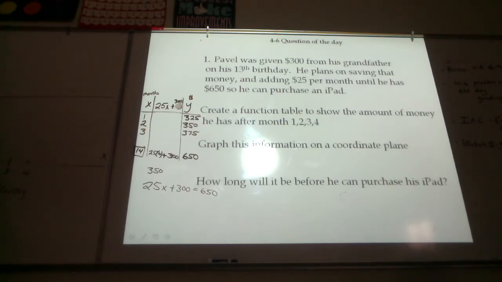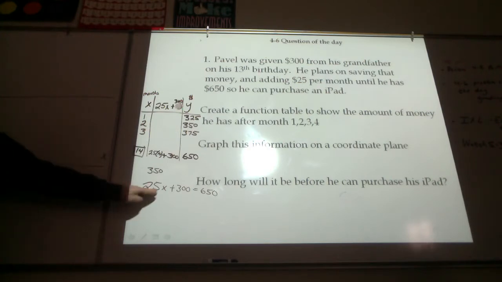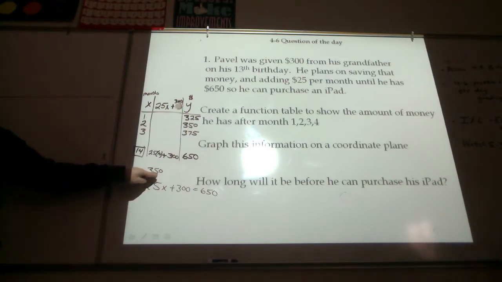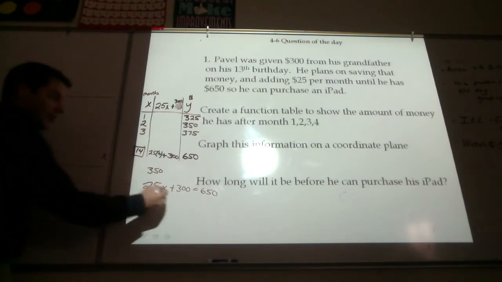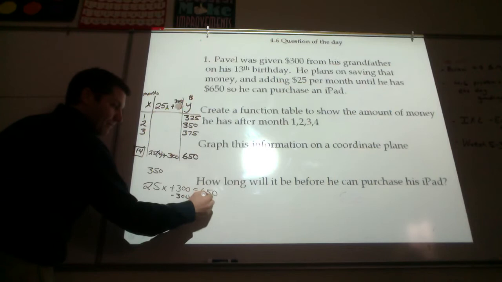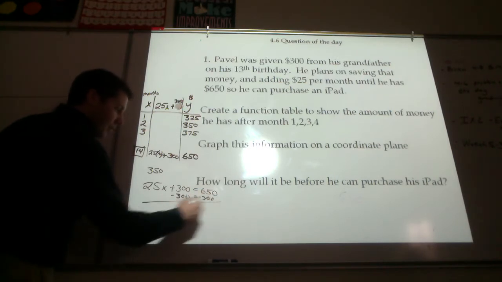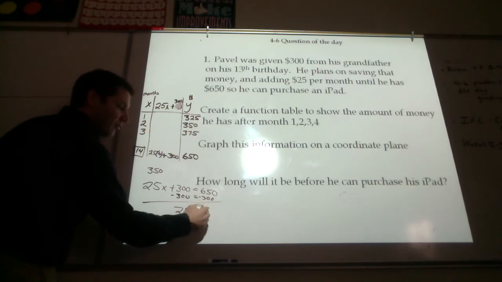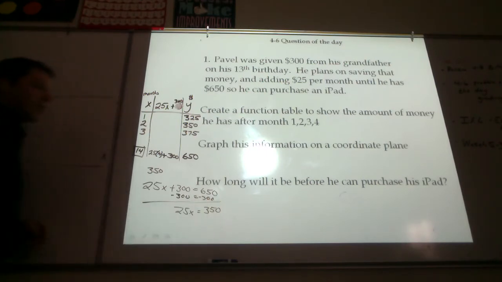Solving two-step equations. And he realized that really he needed this value right here to be worth 350. So what he did is he just discounted the $300. And now he was just trying to figure out how many groups of 25 go into 350.